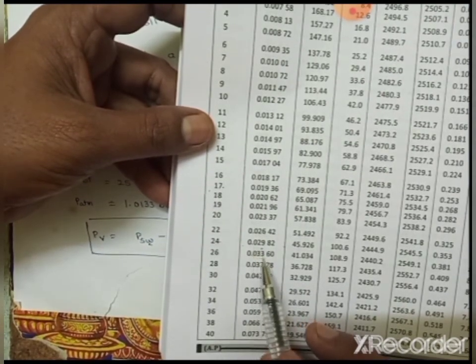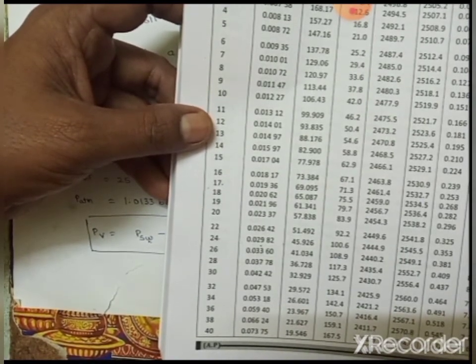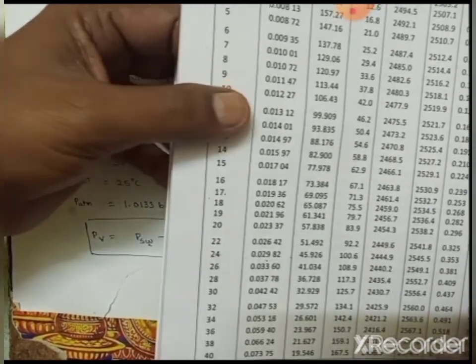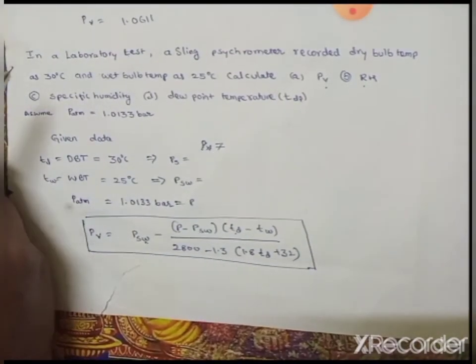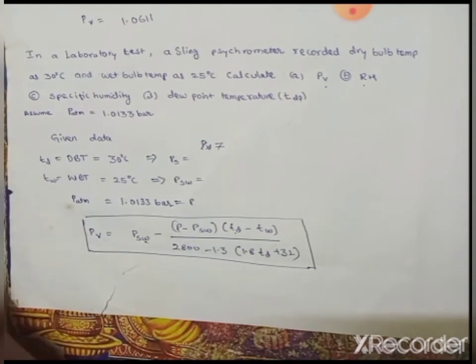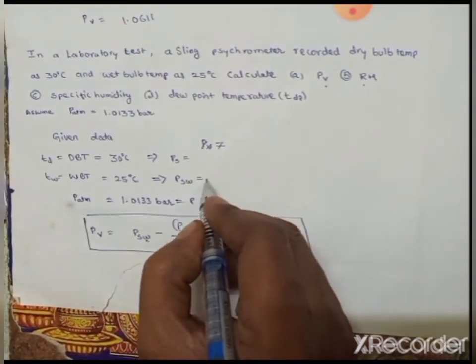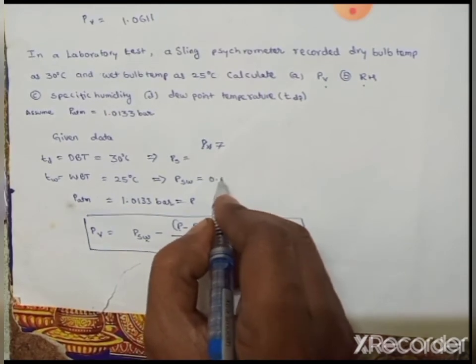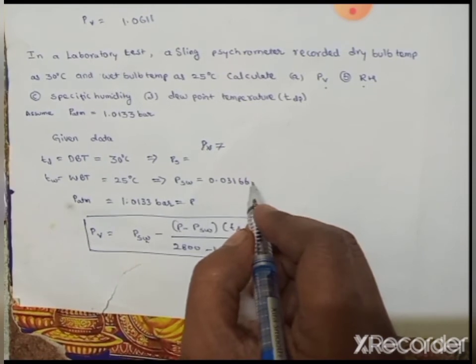We need to take the value in between these two, so PSW at 25 is 0.03166 bar.